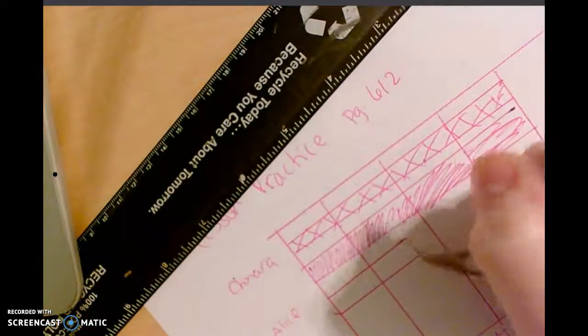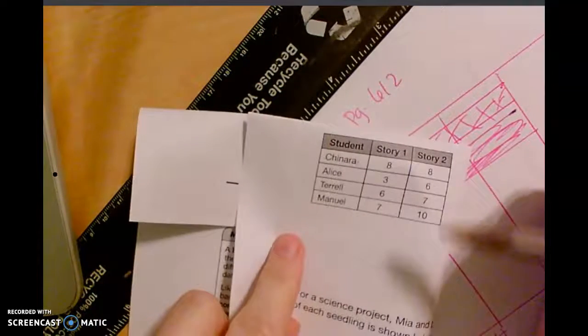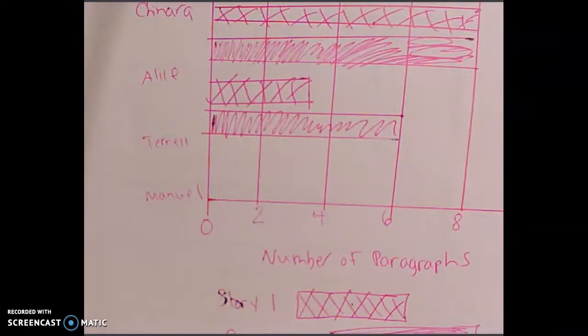And her story 1, story 2. You have to sit here and watch me construct the entire graph. Here is an example of what the completed horizontal bar graph might look like. These are the problems you need to work on.